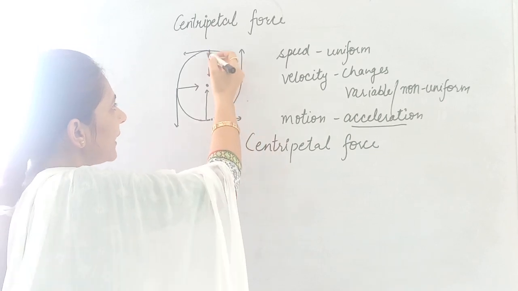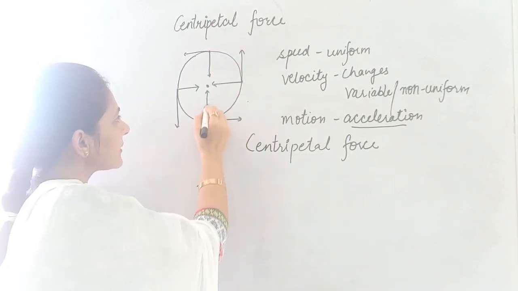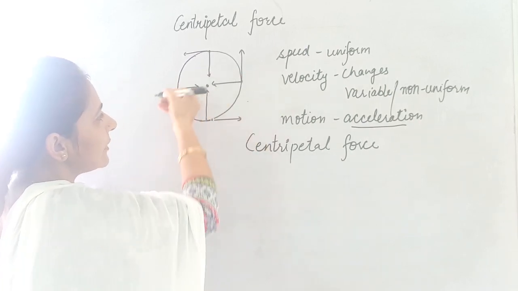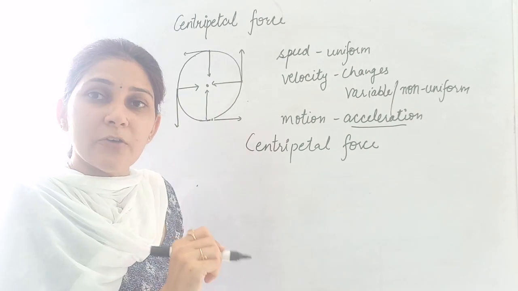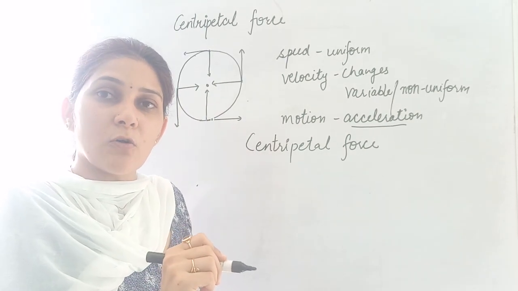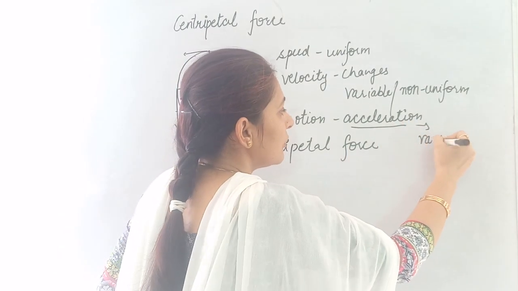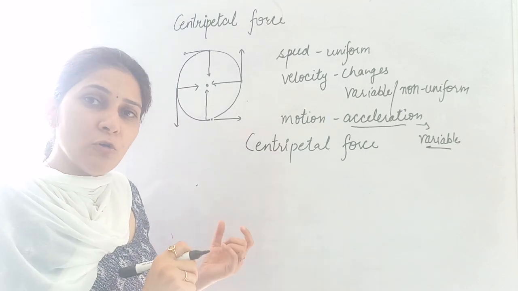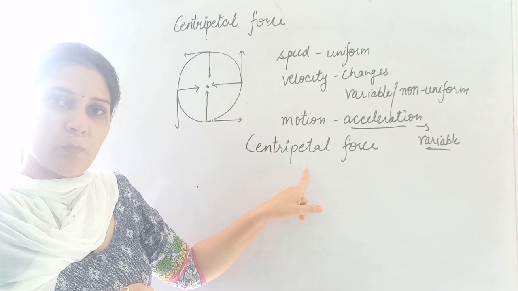How can you understand this? At this point the acceleration is in the downward direction, at this point upward, at this point towards the left, and at this point towards the right. That means at every point the direction of acceleration changes, so acceleration is also variable in this type of motion. The force due to which this acceleration is produced is known as centripetal force.